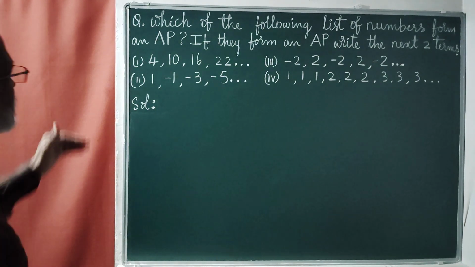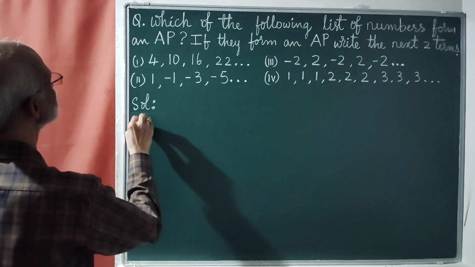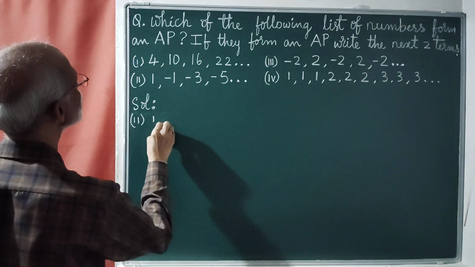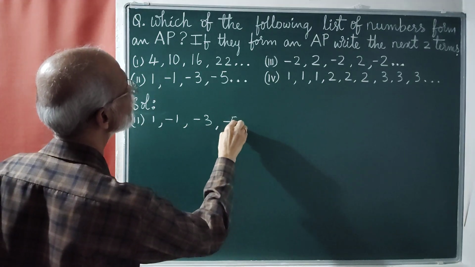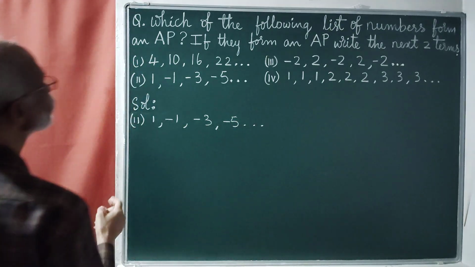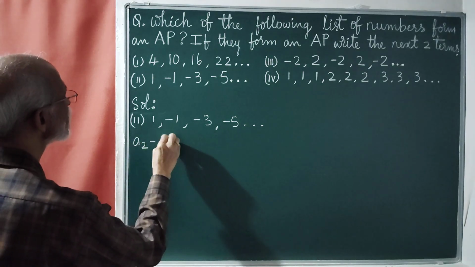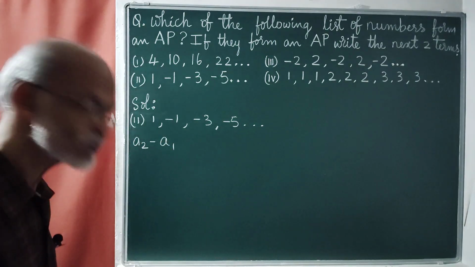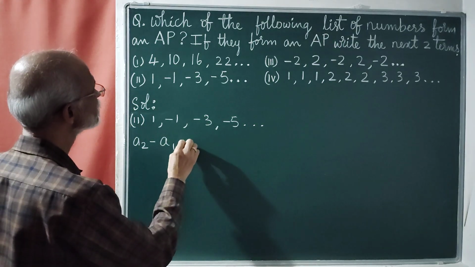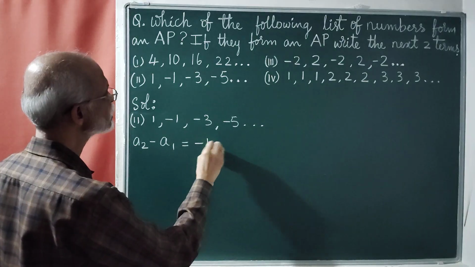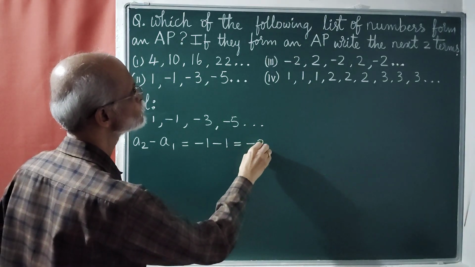Now we will take the second list of numbers. The second list, 1, minus 1, minus 3, minus 5. So now A2 minus A1. A2 is minus 1. Minus 1 minus 1, we will get minus 2.